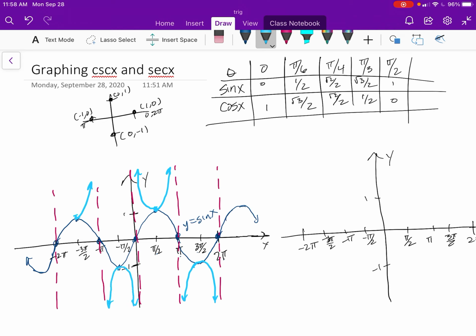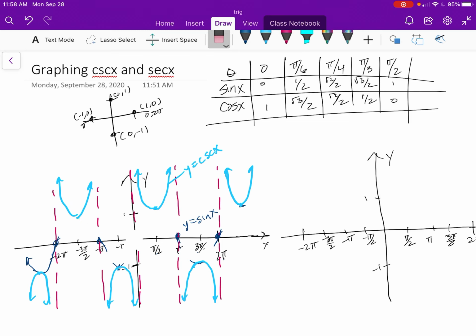So in this baby blue that I drew, and it would keep going, I'd have what appears to be a bunch of little parabolas. That is the graph of cosecant x. And then I would erase the sine, because it's not both of the graphs.